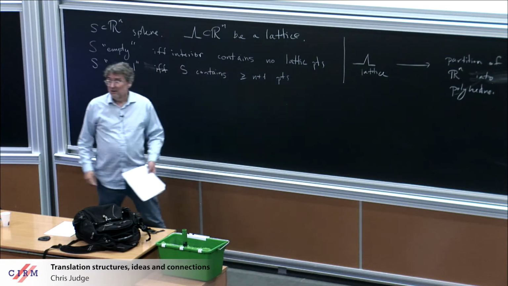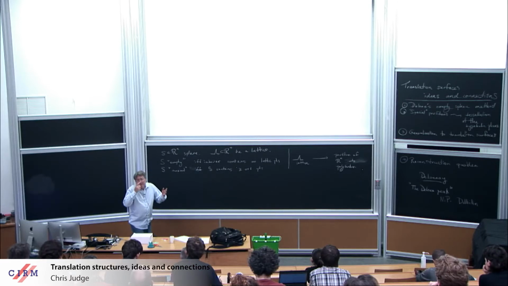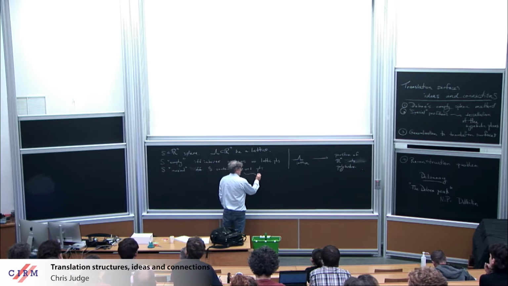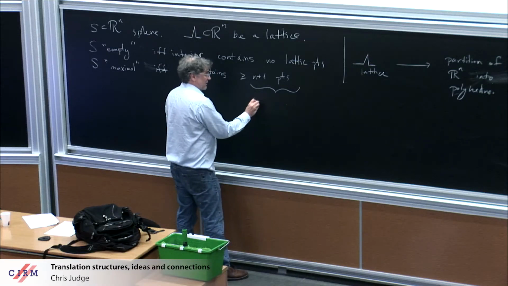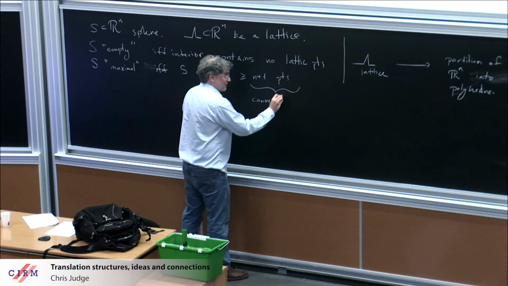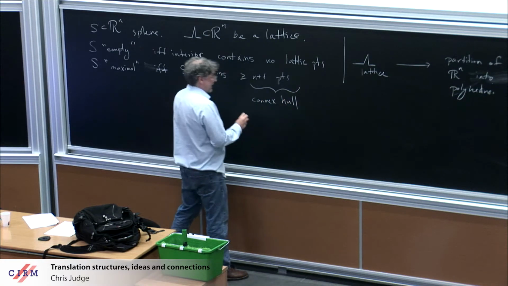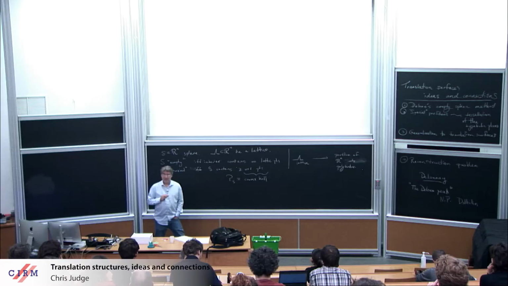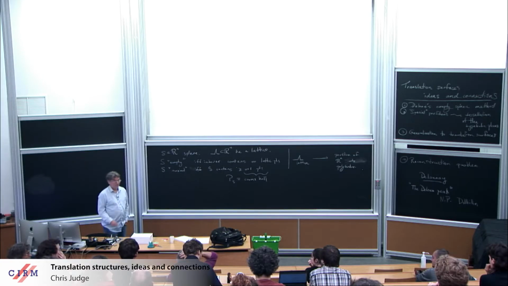Now, the reason for this is, once you have n plus 1 points in R^n, you can now talk about the convex hull. And I'll call P_S the convex hull. So given a maximal sphere, I'll take P_S to be the convex hull.